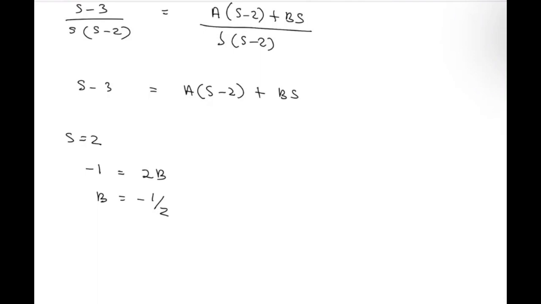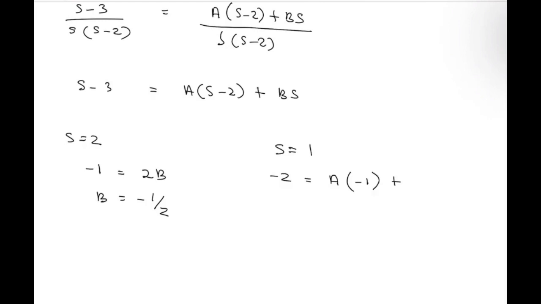And then to find A, you can use any numbers. You can substitute, let's say, S equal to 1. So 1 minus 3 equals minus 2. B we already know, minus 1 over 2, times 1. That means A here will be A times 1 minus 2, which is minus 1.